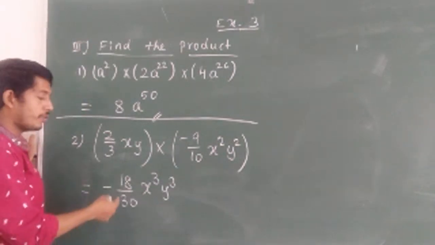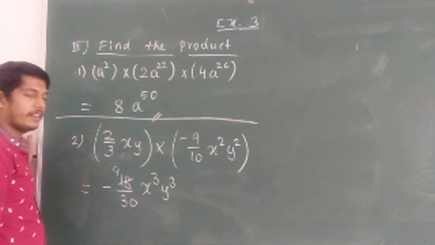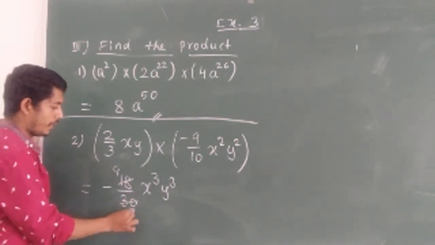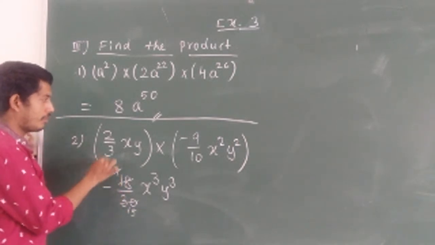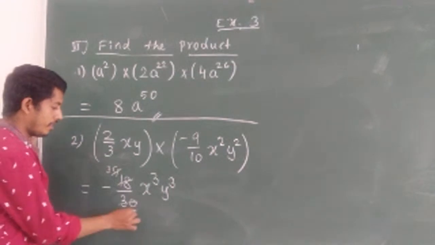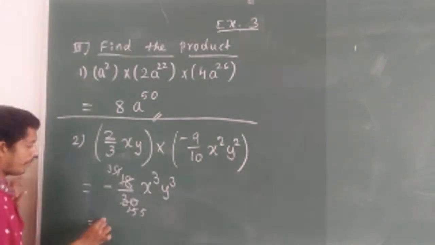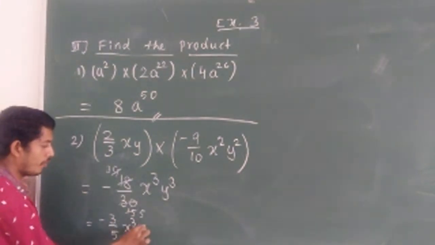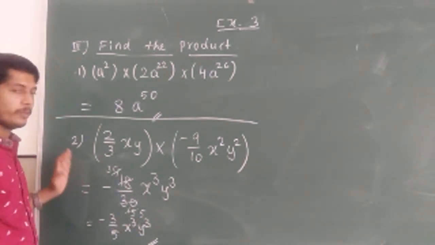If you want you can simplify this. 2 nines are 18, 2 15s are 30, 3 3s are 9, 3 5s are 15. So the answer becomes minus 3 by 5 x cube y cube.